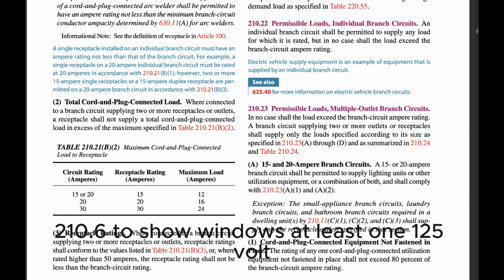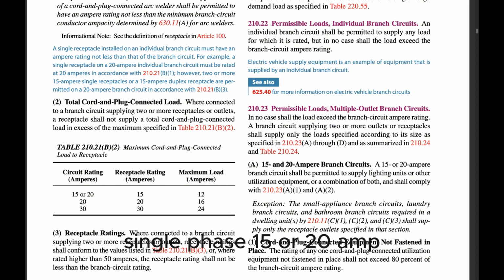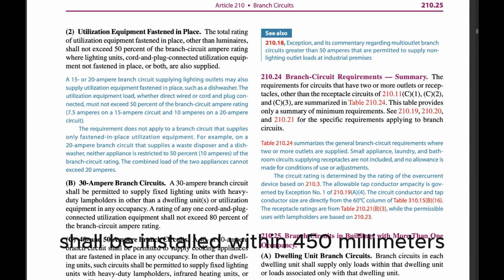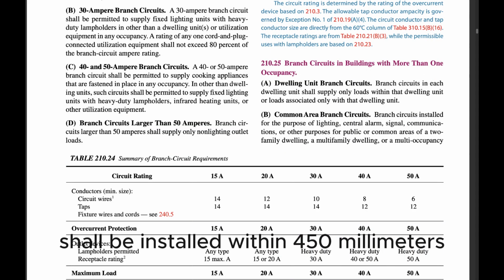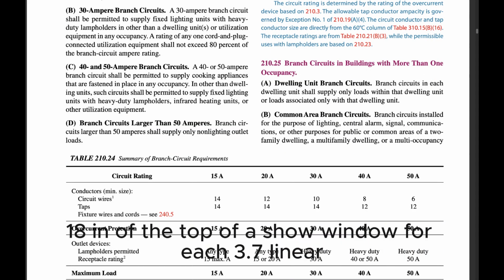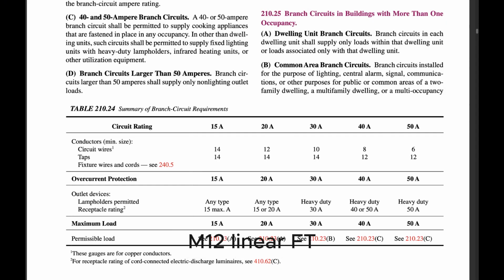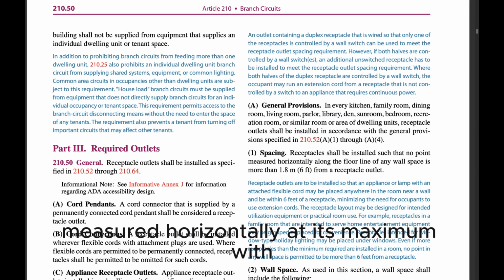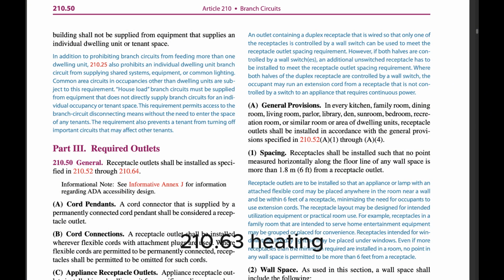At least one 125-volt, single-phase, 15 or 20 ampere rated receptacle outlet shall be installed within 450 mm (18 in.) of the top of a show window for each 3.7 linear m (12 linear ft) or major fraction thereof of show window area measured horizontally at its maximum width.